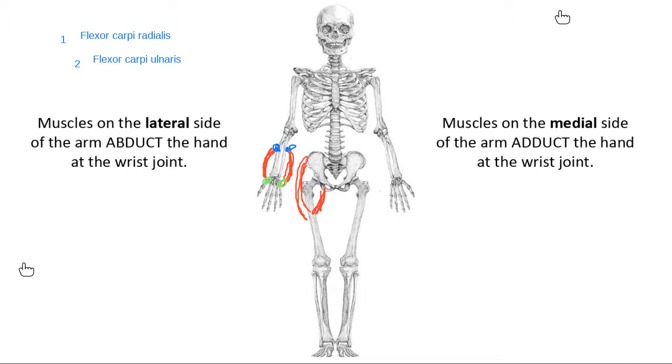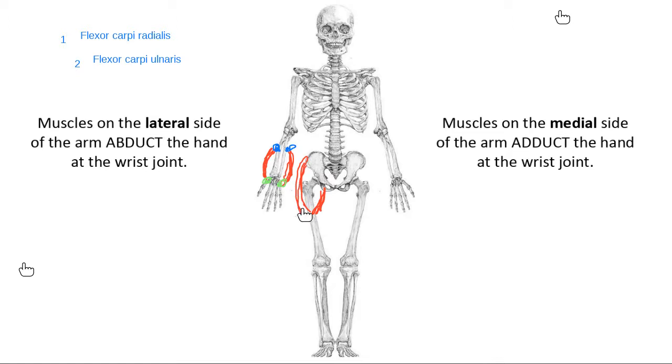Let me draw some muscles down here. Remember, if you lived on the medial side of the femur, you did adduction. You pulled the femur back in. If you lived on the lateral side of the femur, you did abduction. So it's the same at the wrist joint as it is at the coxal joint.